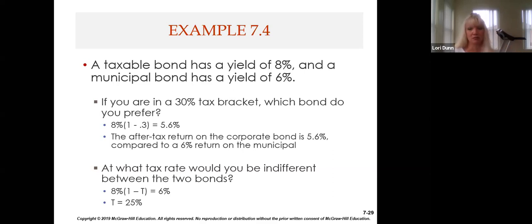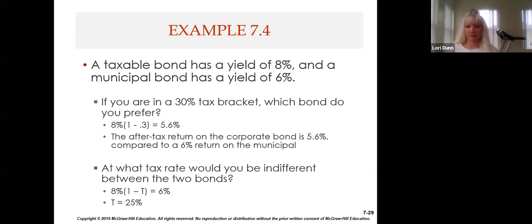You're actually making more of a return over the life of the bond, more money than you would buying that 8% taxed bond. And when we say taxed bond, we just mean the interest is being taxed as you receive it, bondholder. So at what tax rate would you be indifferent between the two bonds you bought?